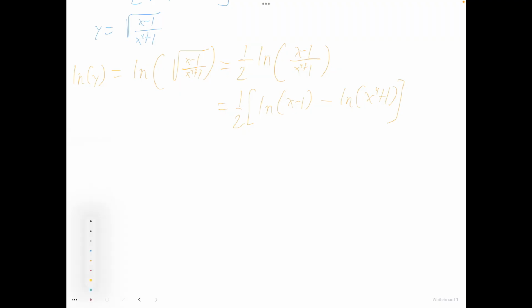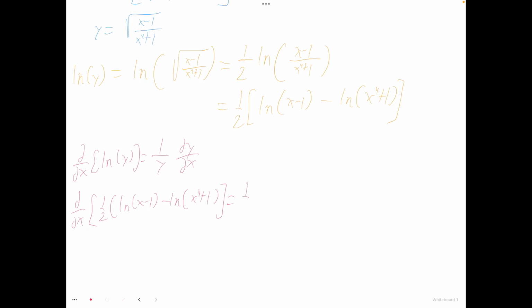So now we take the derivative implicitly of both sides. So the derivative of ln of y is 1 over y dy over dx. Now, just as a note, that'll always show up when you do logarithmic differentiation. So that part is the same every time. Now we do the other side. So we have the derivative of 1/2 times ln of x minus 1 minus ln of x to the fourth plus 1.